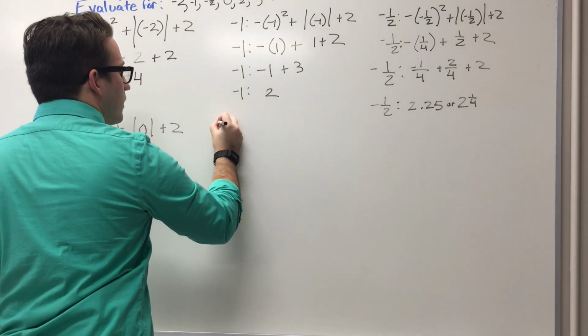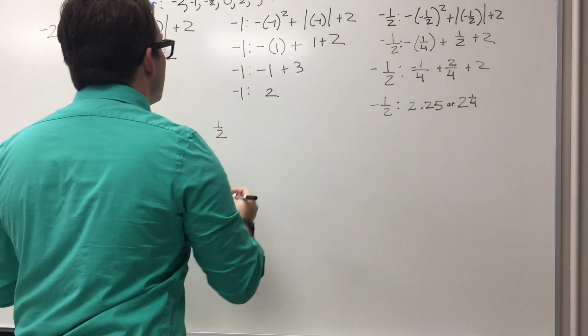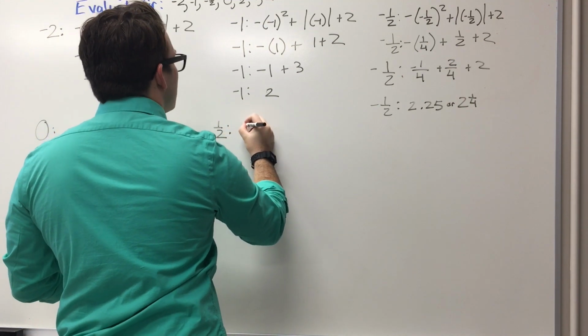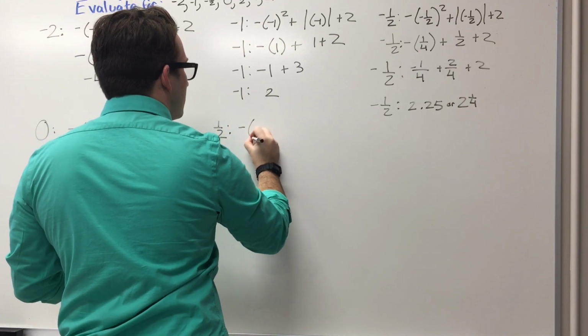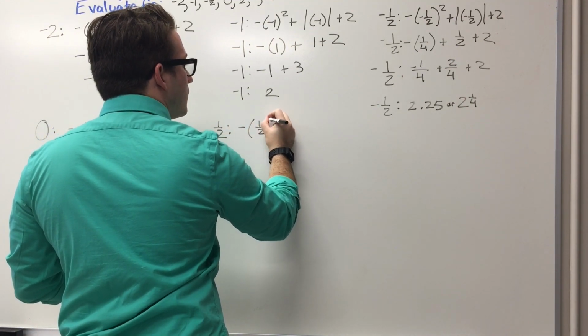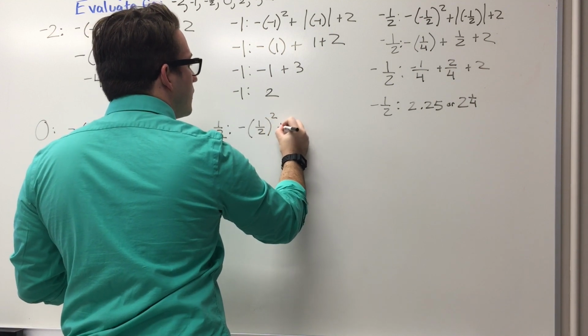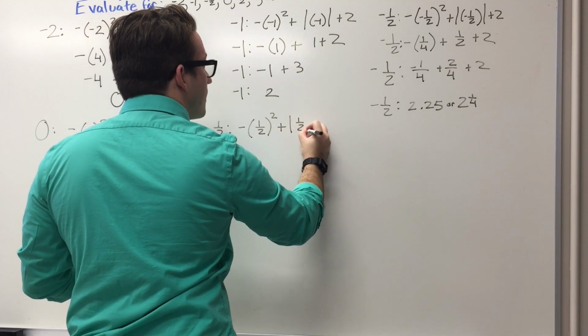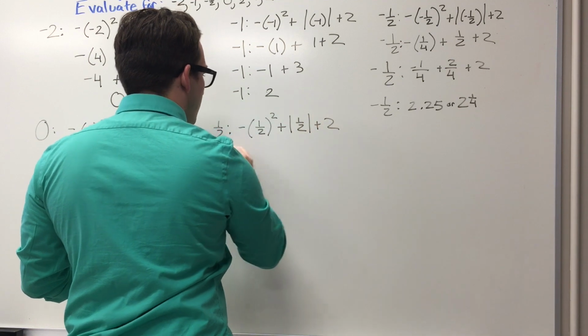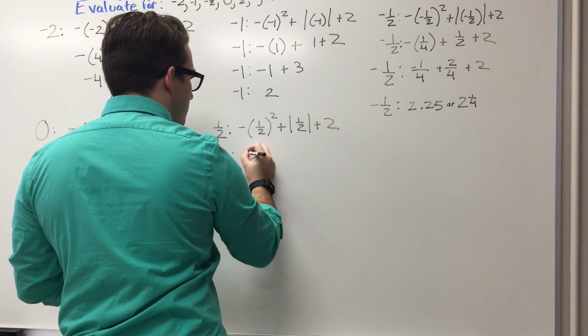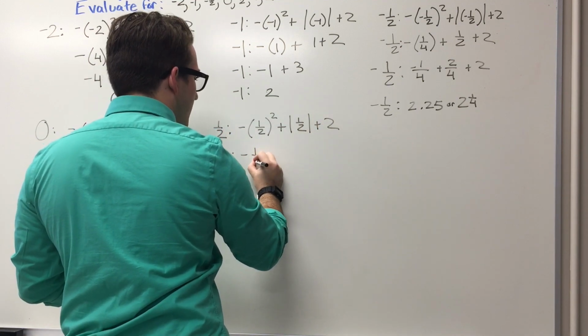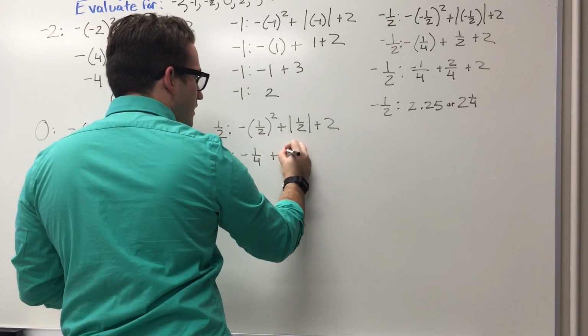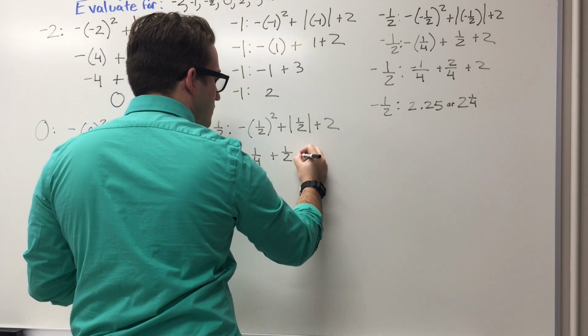Here we plug in 1/2. One half squared is 1/4, but it becomes negative because of the negative outside. Absolute value of 1/2 is 1/2.